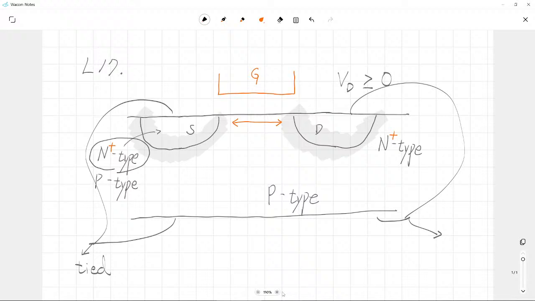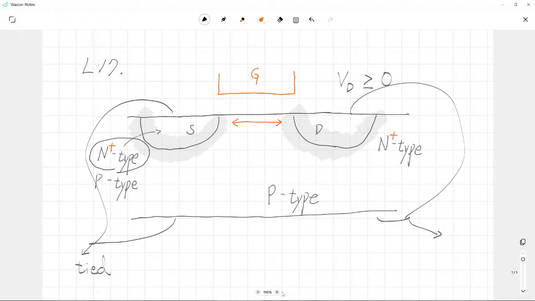However, in the case of n plus regions, here we have source and drain, they are usually doped with typically 10 to the 20 per cubic centimeter. And that means engineers are trying to increase the doping level as high as possible, approaching 10 to the 21.